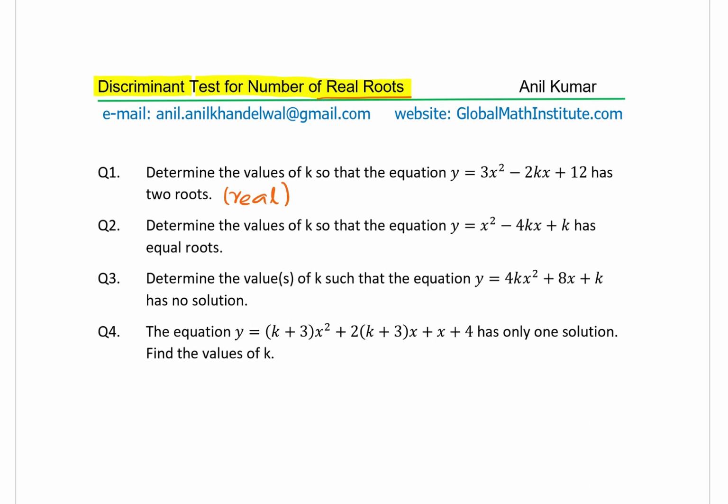Question 3 is determine the values of k such that the equation y equals 4kx squared plus 8x plus k has no solution, so no real solution. And question 4 is the equation y equals (k plus 3)x squared plus 2(k plus 3)x plus 4 has only one real solution. So one solution, we mean one real solution. Is that clear to you?